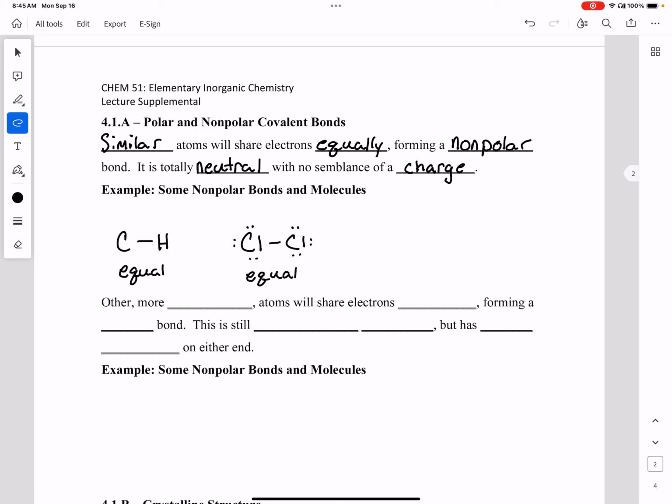Okay, and if you have, say, a chain of carbons, like we see in organic molecules, I should have drawn this shorter. Now I have a whole bunch of hydrogens to draw in. But this would be a nonpolar molecule because none of these bonds are polar.